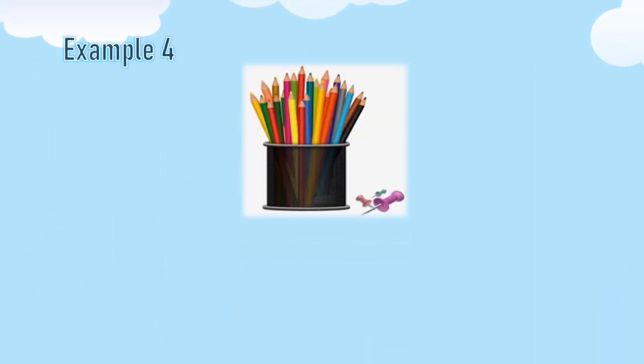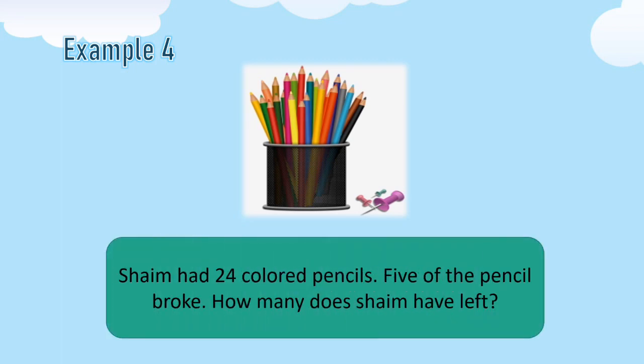So here is example 4. The color pencils. Syme had 24 colored pencils. 5 of the pencils broke. How many does Syme have left? I have created a word problem of subtraction.